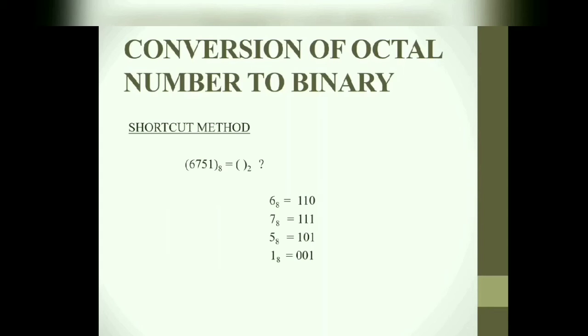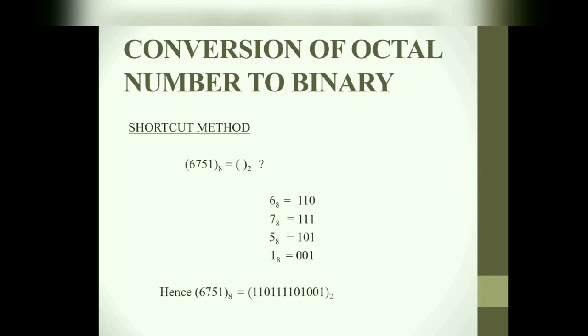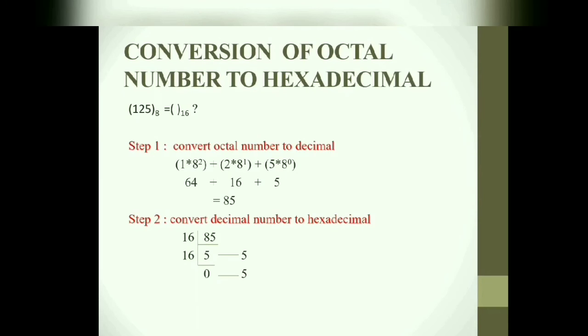So the 3-digit binary number of each octal digit is shown here. Then after that, combine all the resulting binary groups into a single binary number.